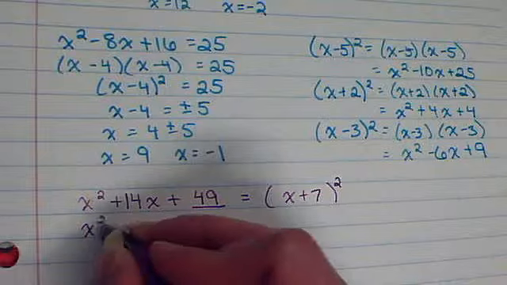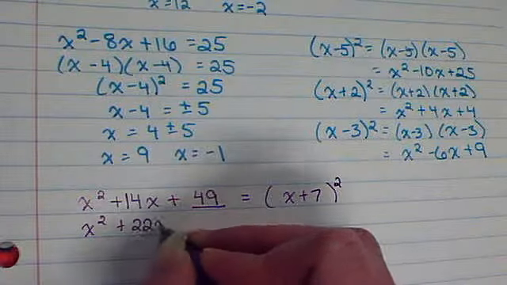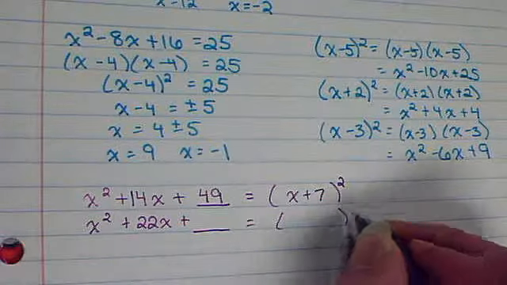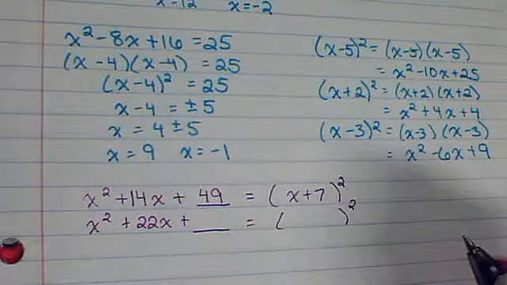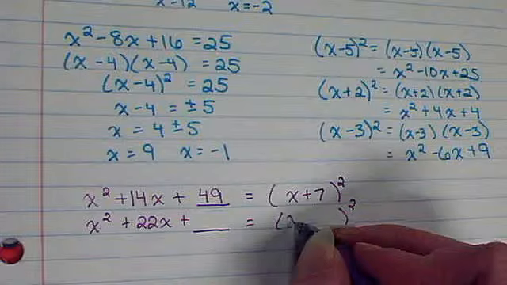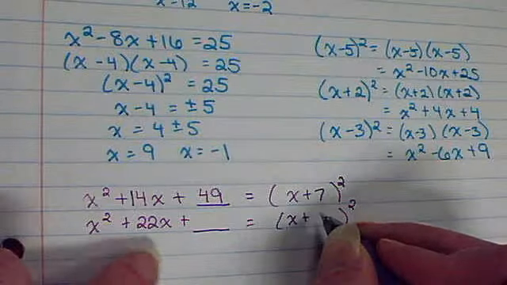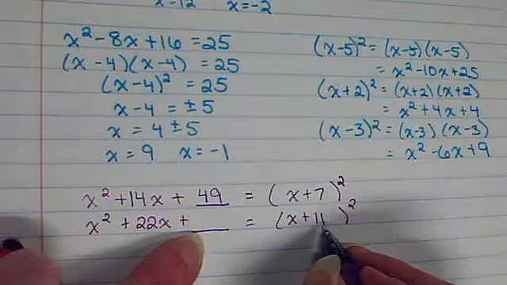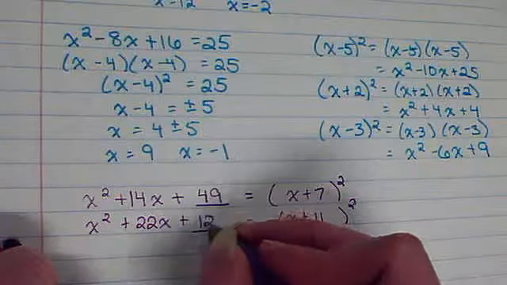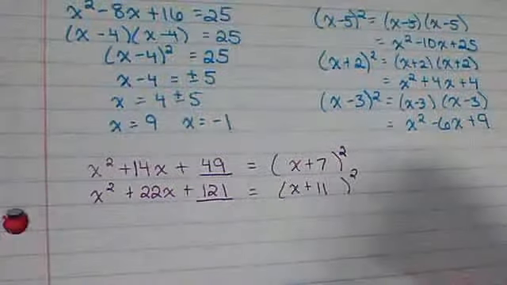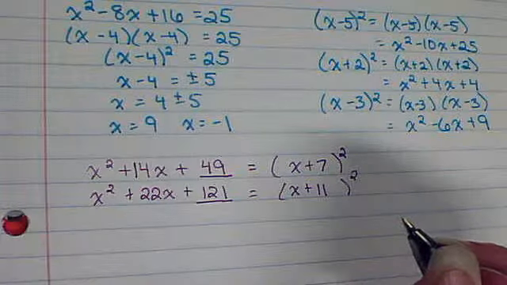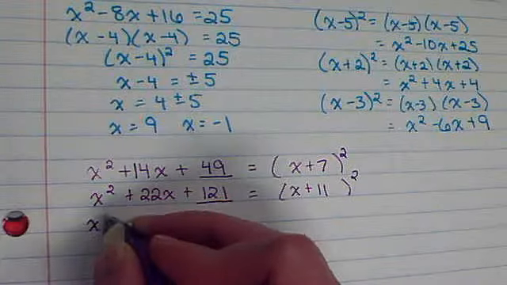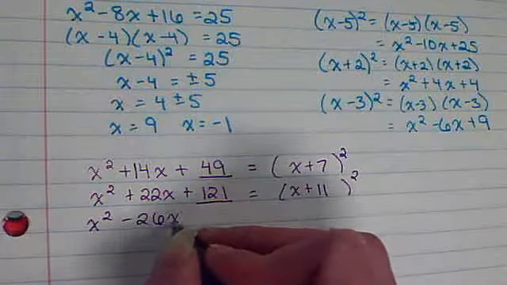What about here? X squared plus 22x plus something is going to give me a perfect square. This is going to be x plus half of that middle term. This is going to be this number squared. What if we had x squared minus 26x?